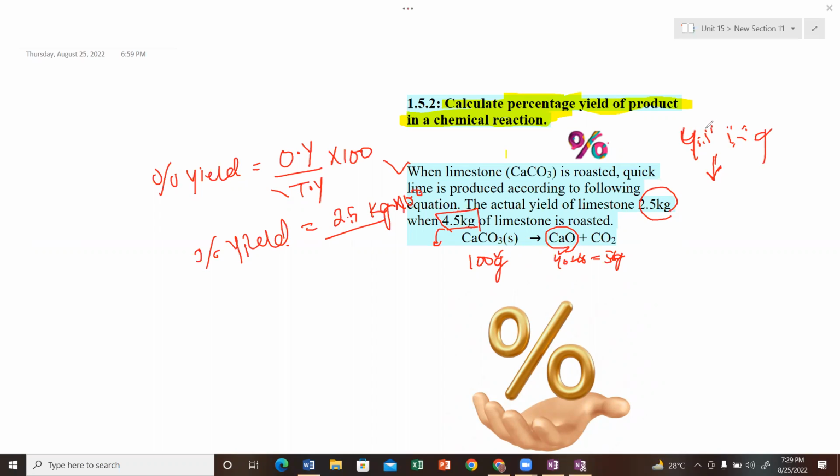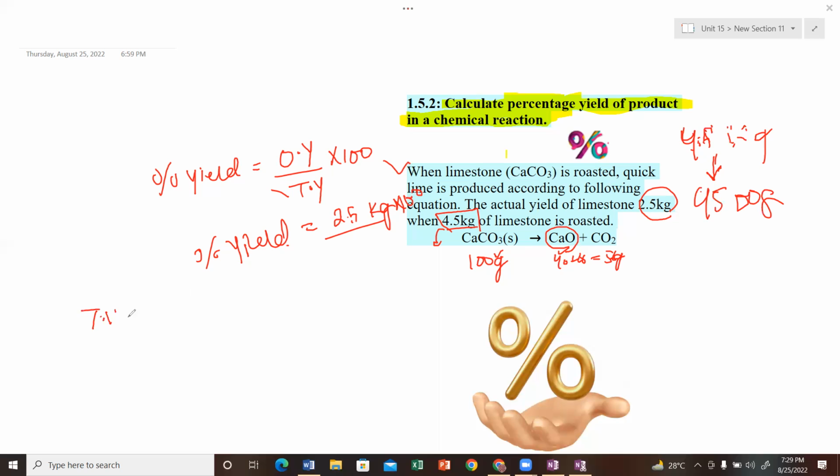From 4.5 kilogram, multiplied by 1000, it would be 4500 grams, so that the units could be the same. So from 100 and 56, I'm going to calculate the theoretical yield over here.